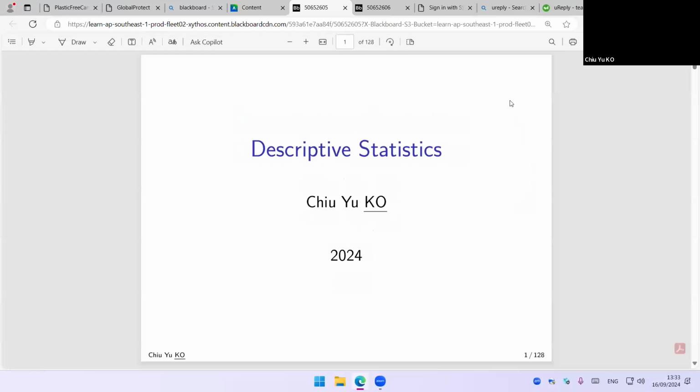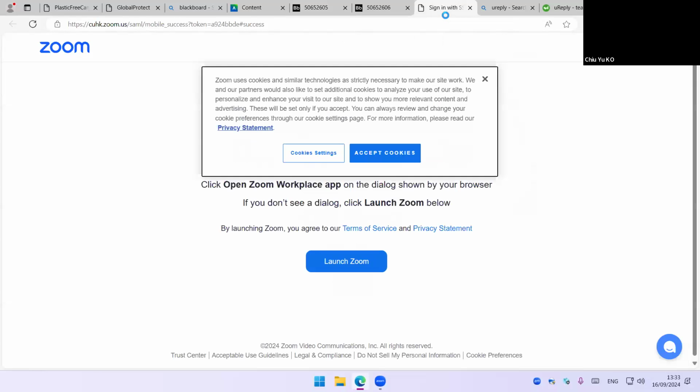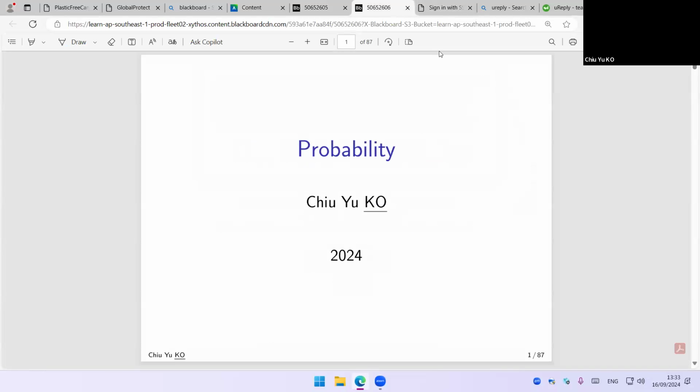I think I mentioned in the very first class why we need to study probability: summarizing the data is not sufficient. We not only want to know the data, but we want to use the data to draw a general conclusion about things we haven't seen in the data.